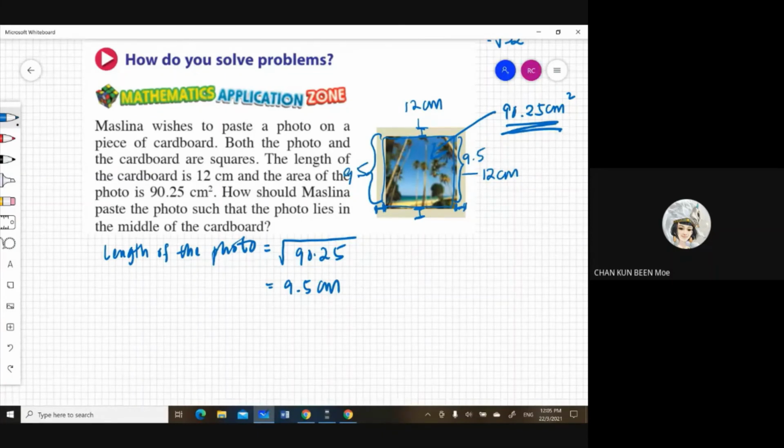Okay, now how are we going to get the remaining length of the side of the cupboard after the photo is pasted? After the photo is pasted over here, now how do we get it?